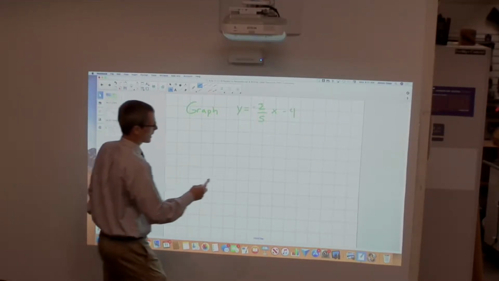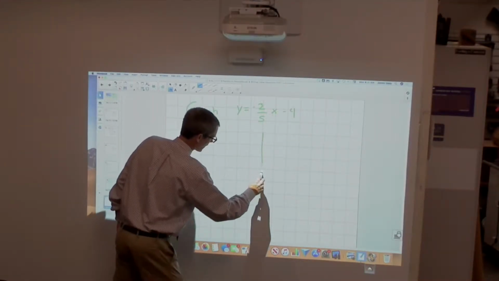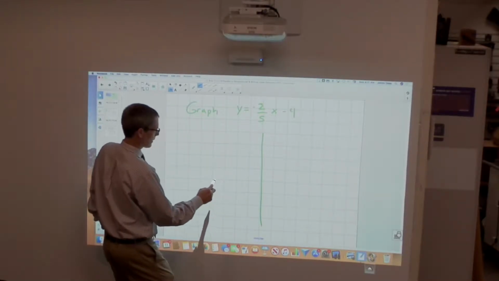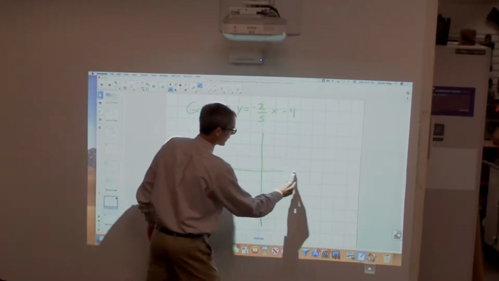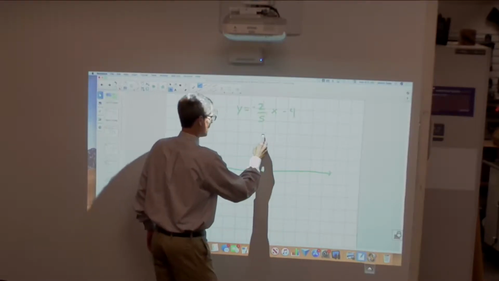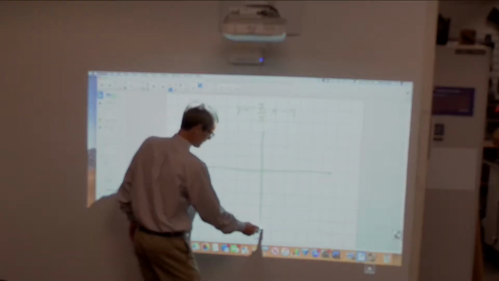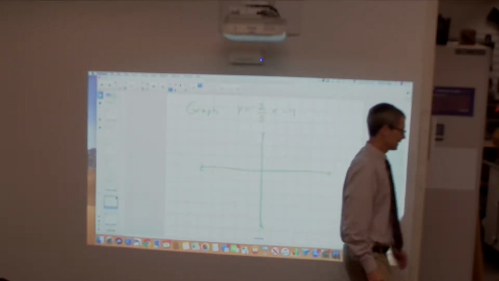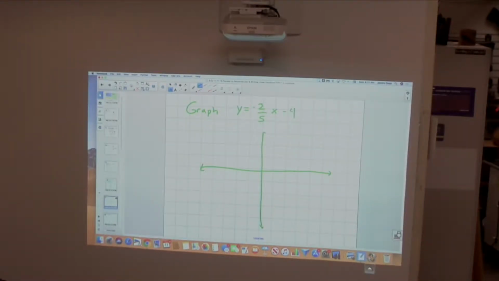I'm just going to draw the graph right here with the coordinate plane. How many points do we need? I would do 3 if you're going to use the function table. If you choose to use slope-intercept, you just need a couple.